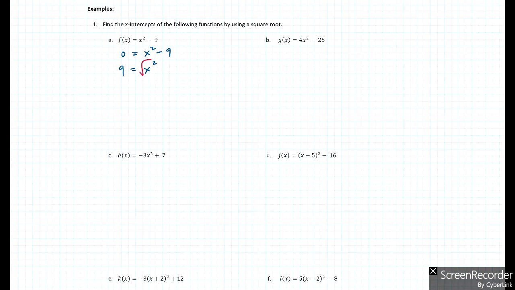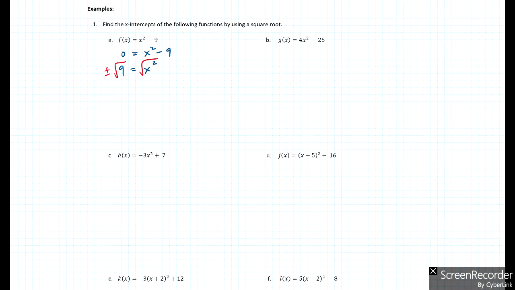When I take the square root of x squared, remember that when we have a square root, it could really be two different values. It could be both positive or negative. So we use this to indicate that we are expecting two different answers that would both work. In this particular case, the square root of 9 can be positive 3 or negative 3.